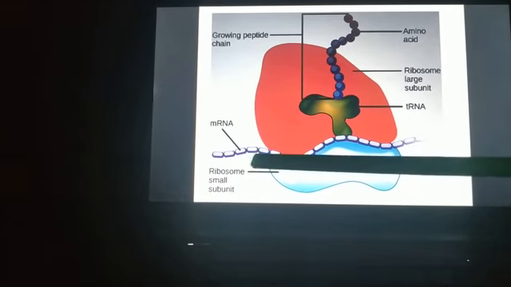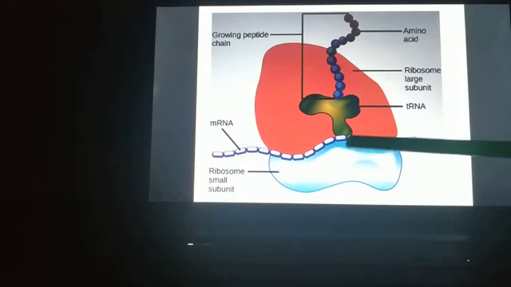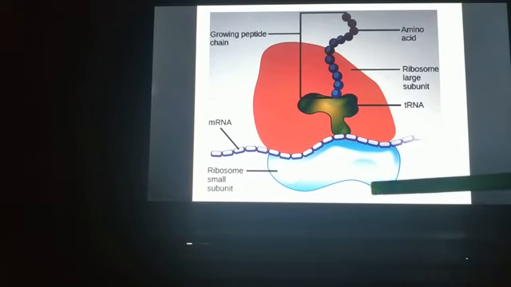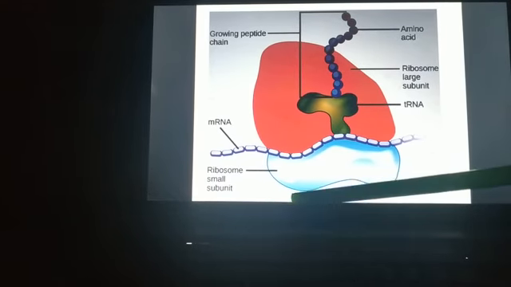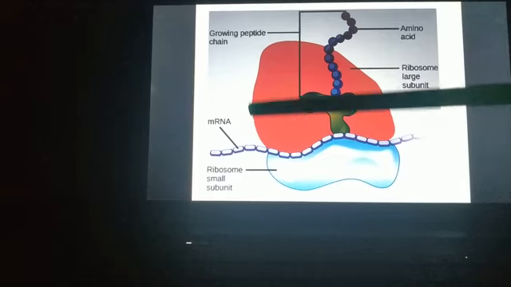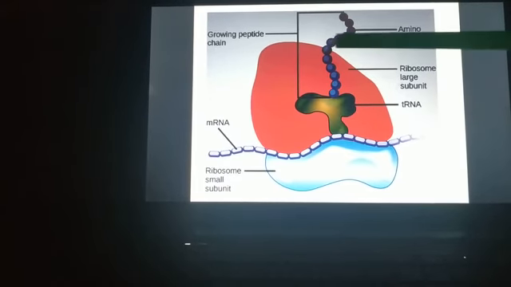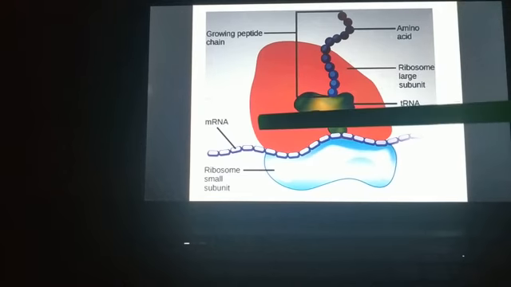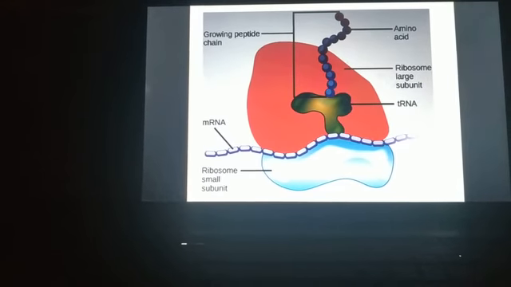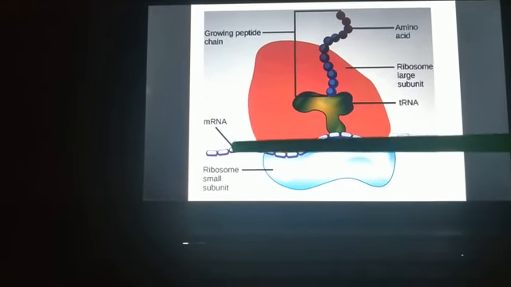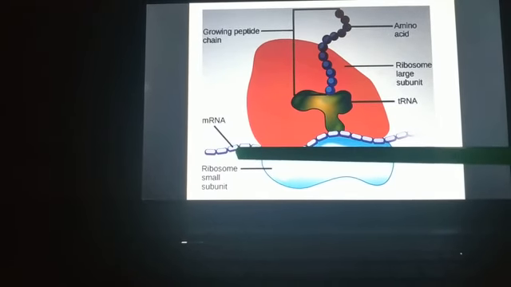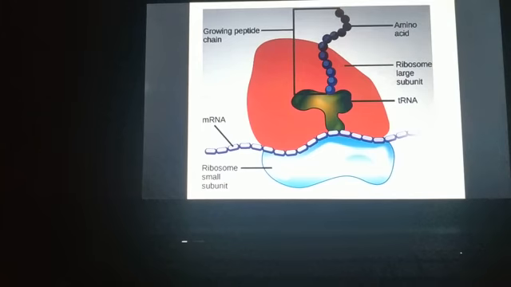See here, students, this is our mRNA. This is the smaller subunit of the ribosome, and this is the larger subunit of the ribosome. Now what happens during translation? The messenger RNA contains the information to synthesize which protein.